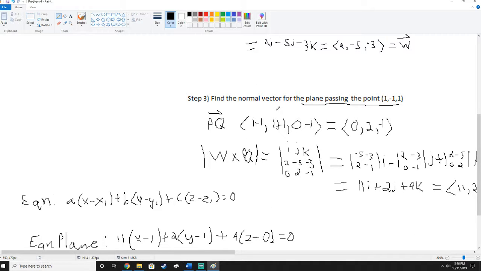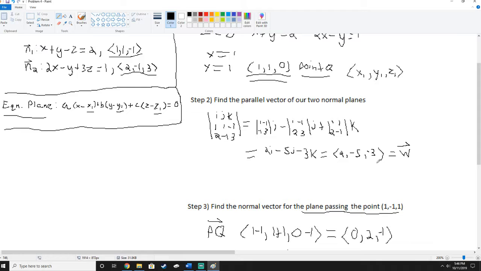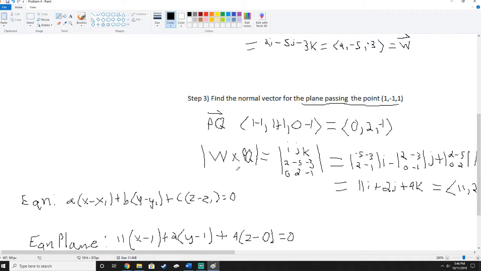And to find the normal vector of the plane that passes through our given point, we're going to take our new vector PQ and our previously found vector W, and we're going to find the cross product of those two vectors. So once again, we're going to go through our IJK matrix here, and we're going to first do vector W, so (2, -5, -3). Then we're going to do vector PQ, (0, 2, -1).